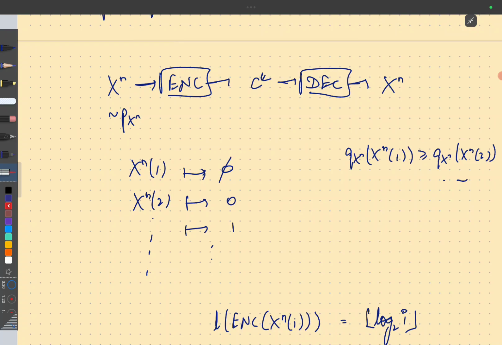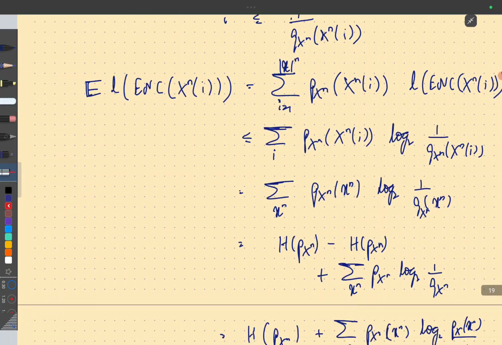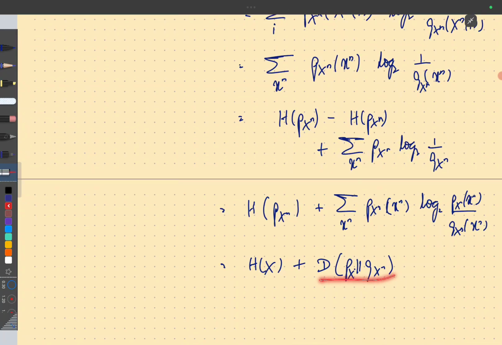So this distribution mismatch between P and Q, or misspecifying the distribution, led to this additional penalty in the expected length, and that additional penalty is precisely D(P||Q). And you can't really do any better than this, because you don't know what the true distribution is. So you go by whatever you think the true distribution is.